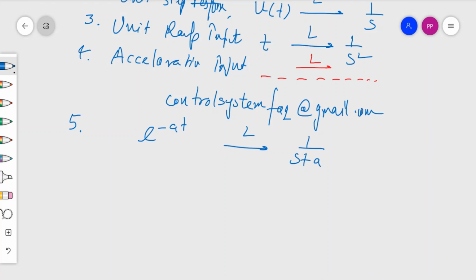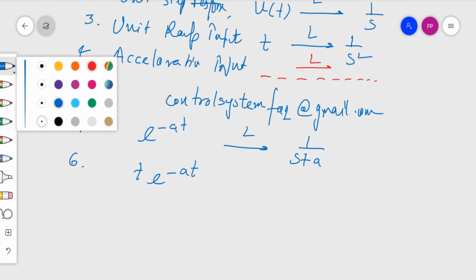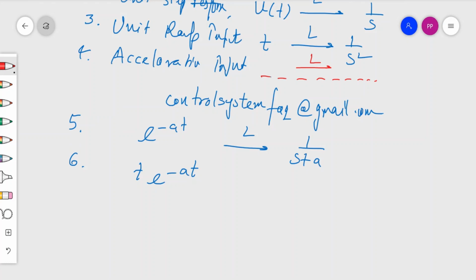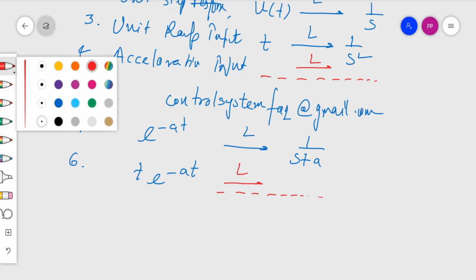The next one is t times e to the power minus at, and I will again ask you to find its Laplace transform. What will be the Laplace transform for t e to the power minus at? You can again send the answer to my email ID or WhatsApp me.